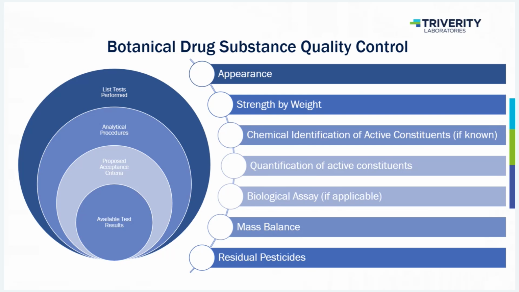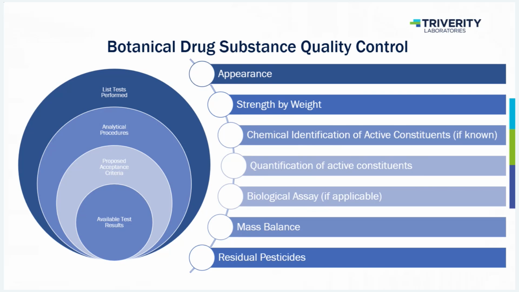So quality control for the botanical drug substance, we're looking at appearance, which is kind of redundant to the last slide, but strength by weight, and identification of your active constituents. Typically, chemical identification is done by HPLC with a retention time and UV match, maybe LCMS, and then quantification of the active constituents, again, if known, or a biological assay.